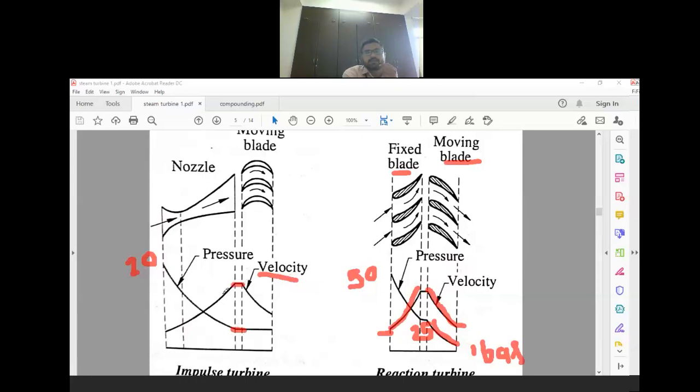Suppose you have purchased a car and whatever necessity you have for your life, and then throughout your life you are utilizing those commodities. Clear? So you are utilizing those facilities. So this is the example for an impulse turbine.